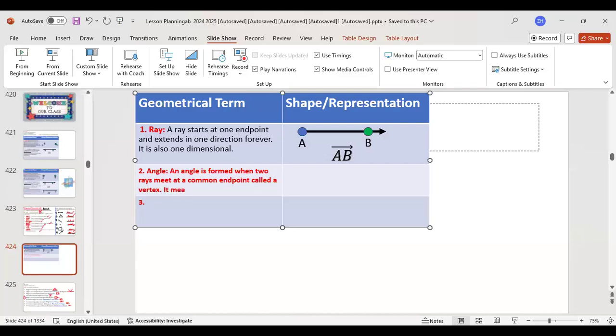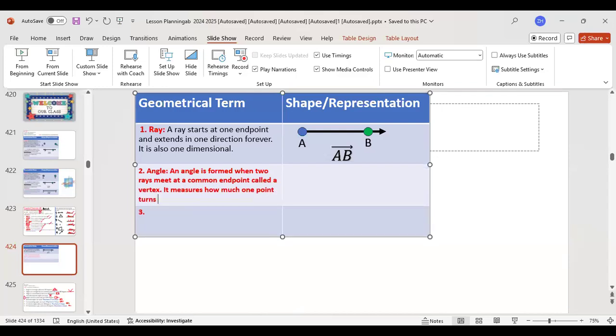It measures how much one ray turns from another.